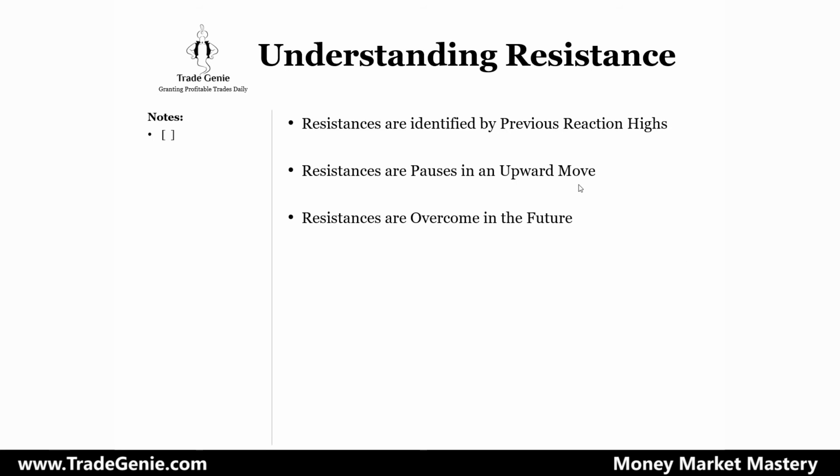Resistances are pauses in an upward move. So sometimes it's just a pause. People take profit, they sell, and usually the resistance is created at the end of the day when people take profit. Now these resistances are overcome in the future. So these resistances can be broken in the future or may not.